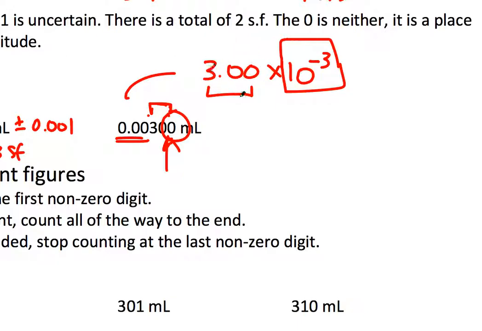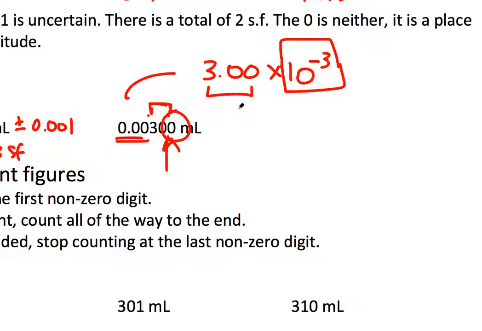But it's this part that's important. This part can change, depending on what unit I convert to. So it's actually the magnitude or place holding zeros don't count, because I could always convert this mathematically to another number. It's the measurement itself is really here, okay?